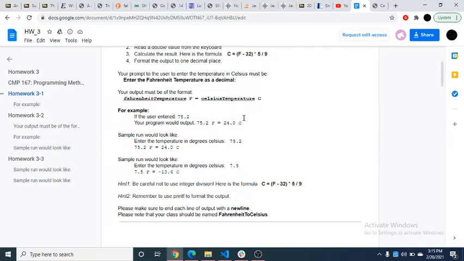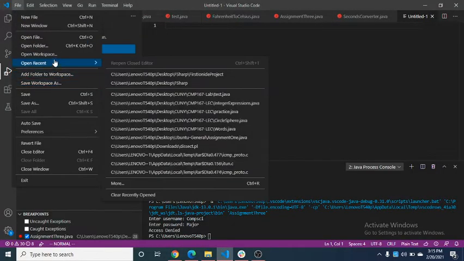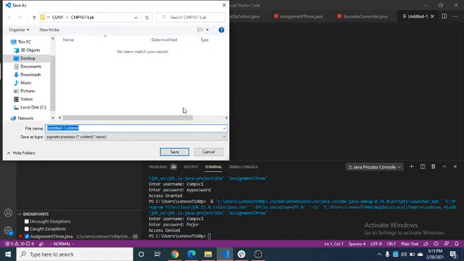In the homework it says Fahrenheit to Celsius, right? But I'm going to have mine Celsius to Fahrenheit. That's what I'm going to name it. So I'm going to go over to, okay, actually, this is lecture.